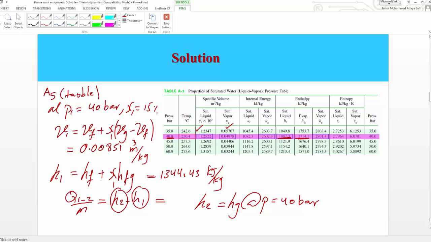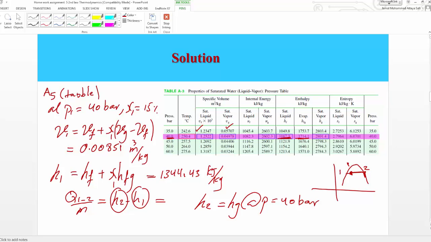Because, don't forget, we had from 1 to 2 like this. We started, 1 was here, and then we heated until all the liquid became vapor. So we are on this line.